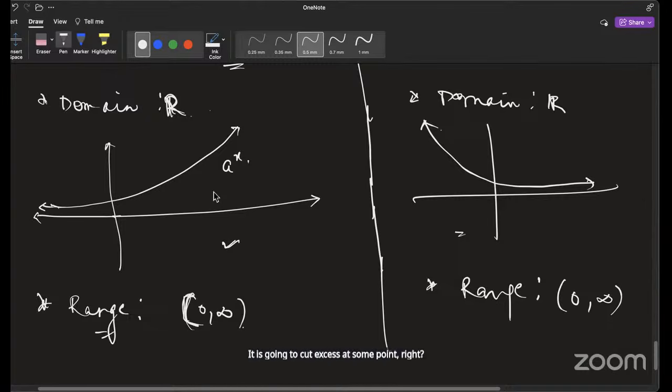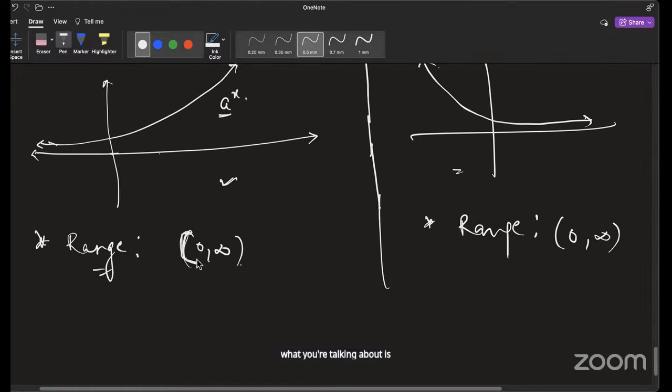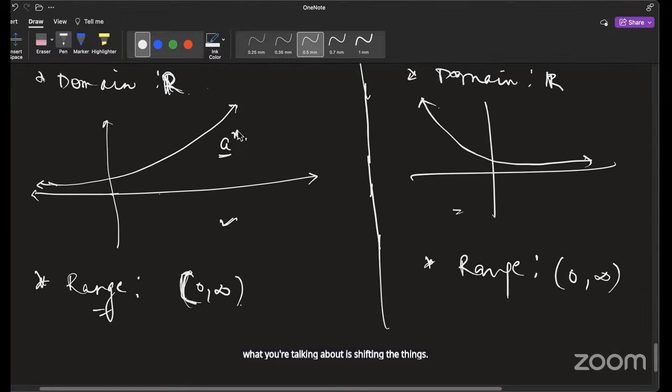But that's not the graph of this thing. What you're talking about is shifting the things. This is the graph of something else.